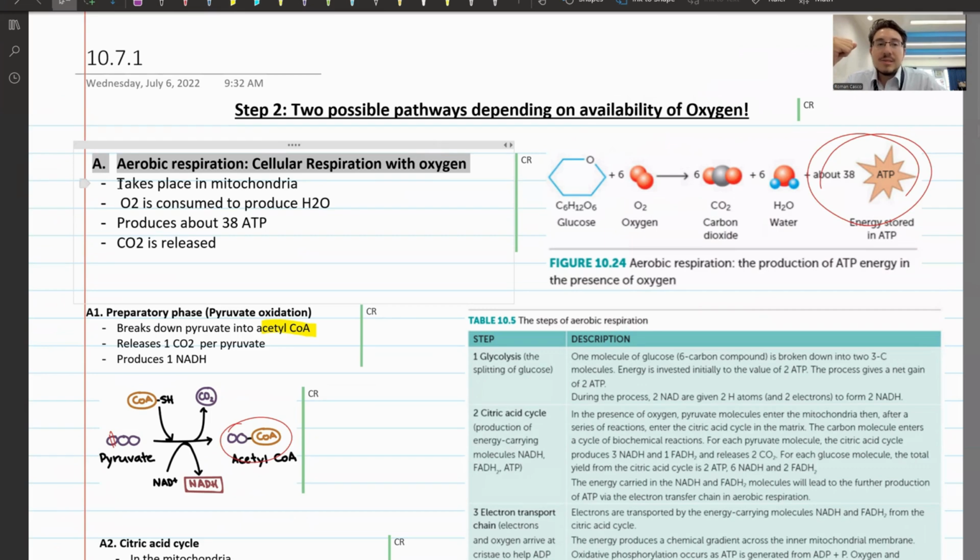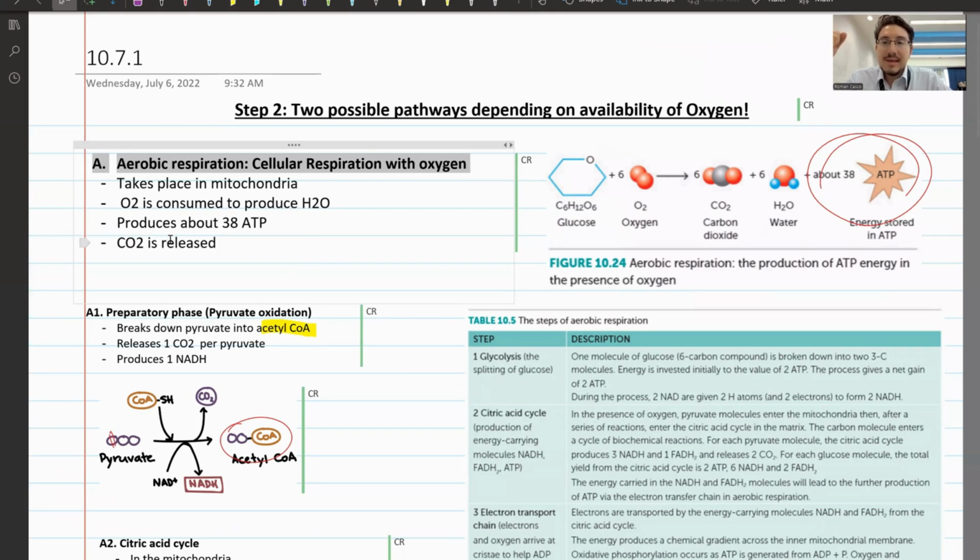This route takes place in the mitochondria. It uses oxygen to produce water, and that use of oxygen will ultimately create a high amount of ATP. More specifically, 38 ATP by the end of this process.